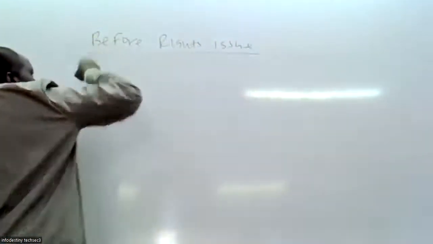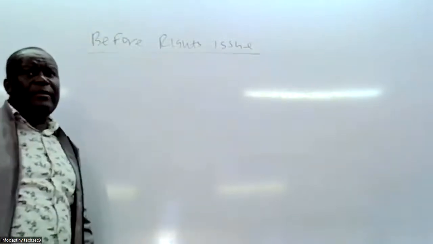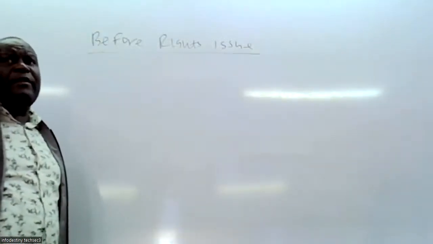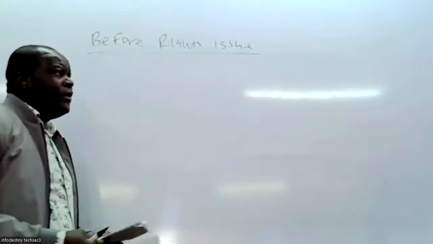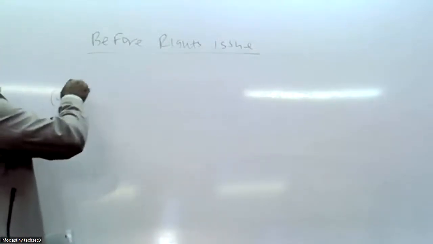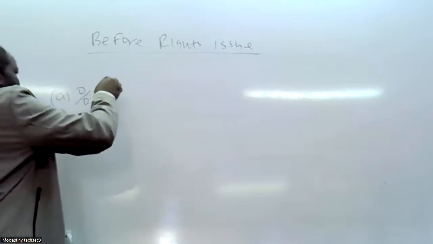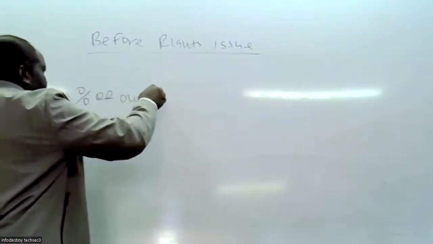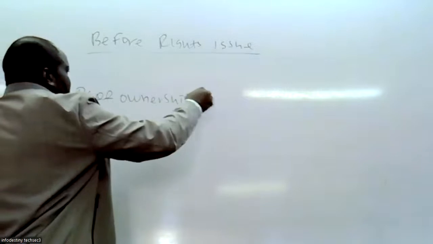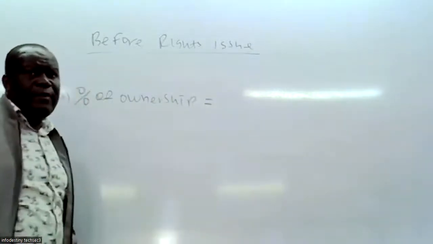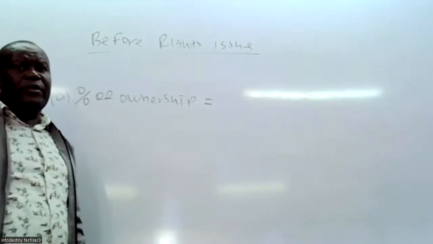Now check what should be there as the position of the investor before the rights issue. So I start with the percentage of ownership.